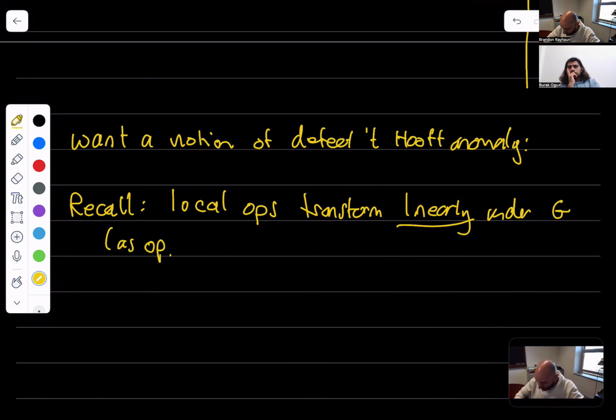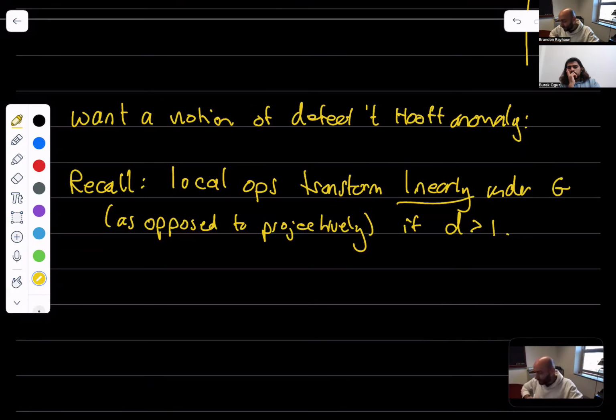I say linearly in contrast with projectively, if the dimension of the theory is greater than 1. In quantum mechanics, we're taught in school that states, for example, can transform projectively, but in quantum field theory with d greater than 1 dimensions, the local operators always transform linearly.